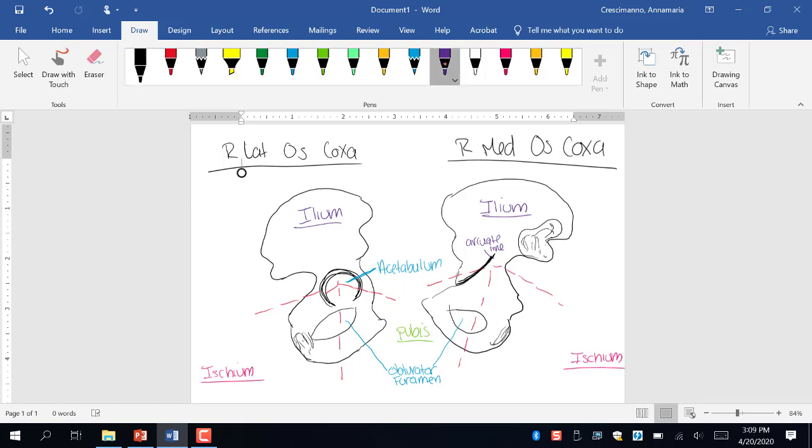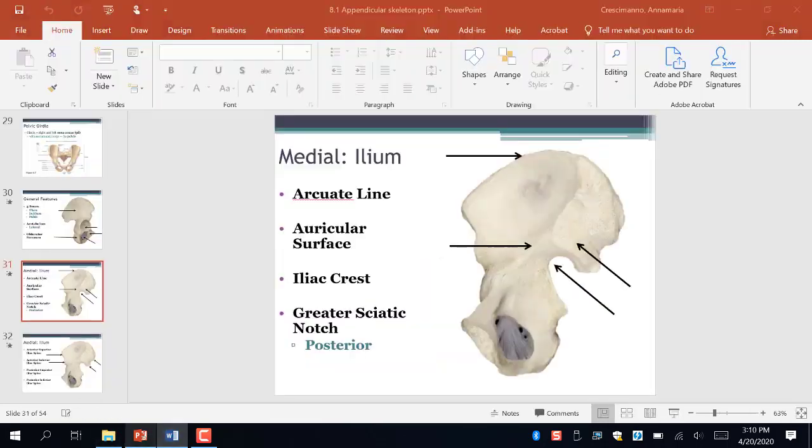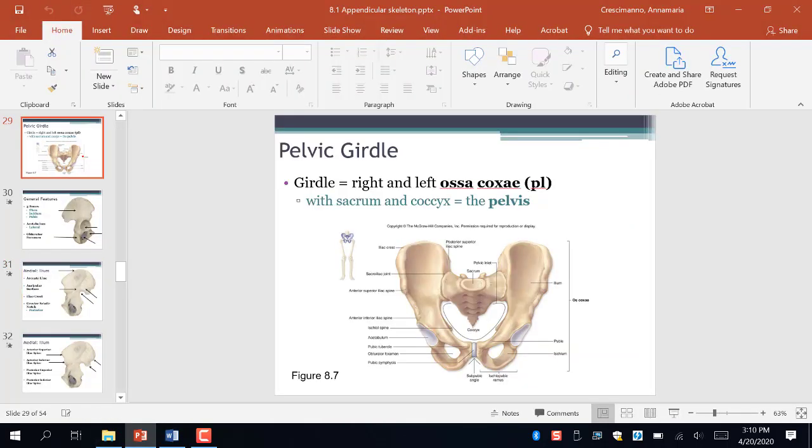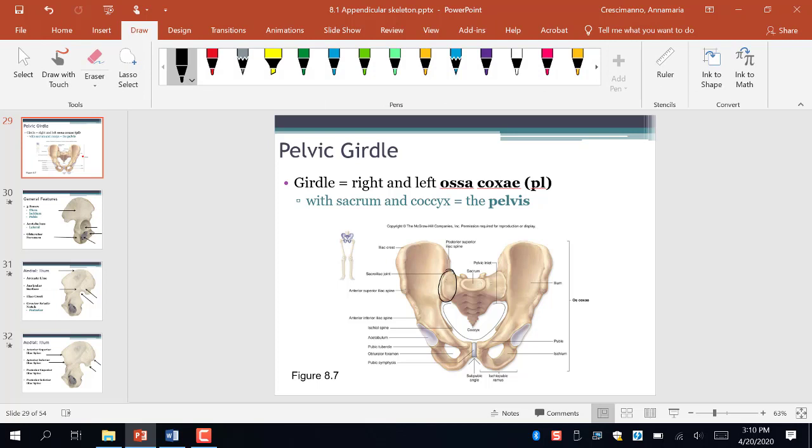And then I have the auricular surface, which again is where the sacrum will attach to the ilium. Let me show you that on a slide. So if I were to peel off the sacrum right here, then you would see an auricular surface on the ilium.